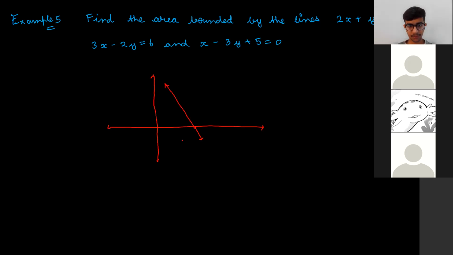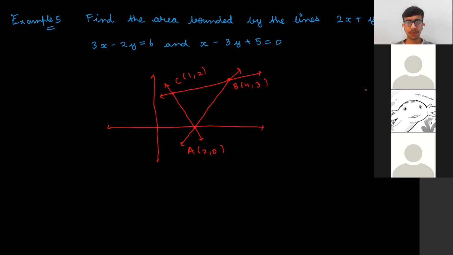This point A is 2 comma 0. This is the other line, and this is the third line. The C coordinate is 1 comma 2. This particular point is 4 comma 3.